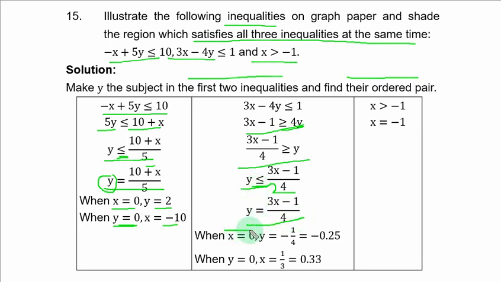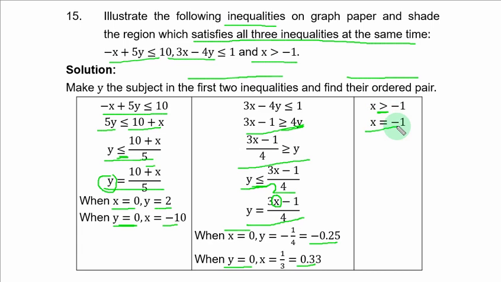When s equal to 0, if you put 0 here, you have minus 1 over 4, that is minus 0.25 for y when s is 0. And when y is equal to 0, if you solve for s, you have 0.33. The third one, you simply change this sign to equality and you have s equal to minus 1.